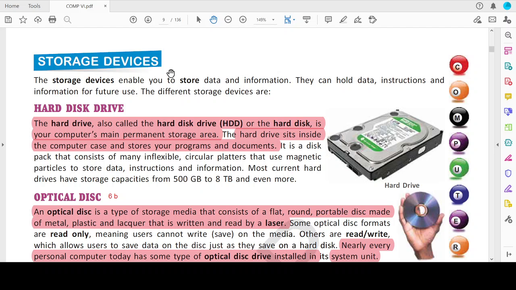The primary memory is a temporary one, but the secondary memory is a permanent one. That is, it is a storage device. The term storage means permanent storage, not only for the time the computer is turned on.